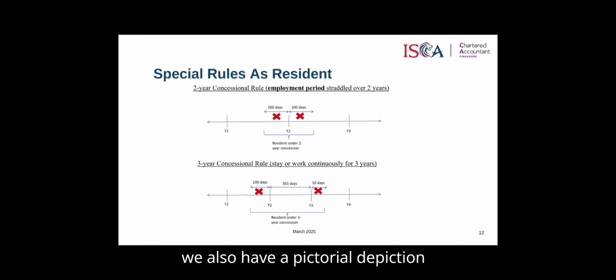Next, we also have a pictorial depiction of the 3-year concessional rule. Similarly, we look at the timeline, and there is year 1, year 2, year 3, and year 4. Assuming the foreigner commences employment in year 1 and only has 100 days of employment, works continuously throughout year 2 to year 3, and leaves employment somewhere between year 3 and year 4, spending only 10 days.